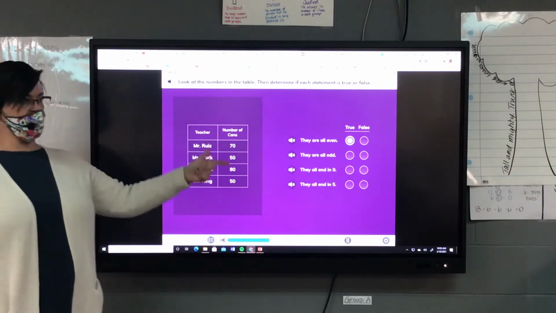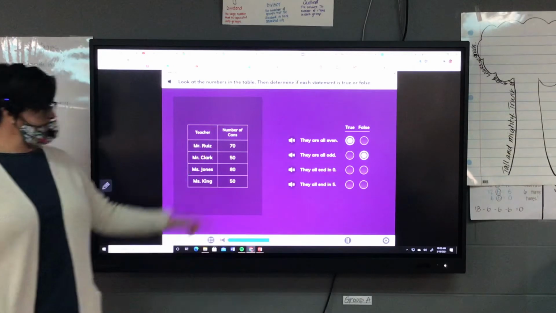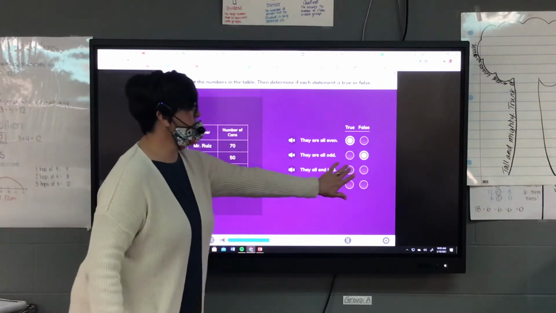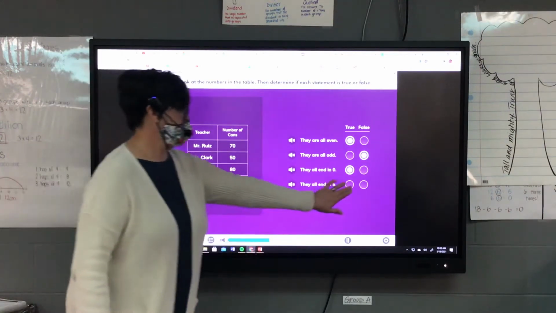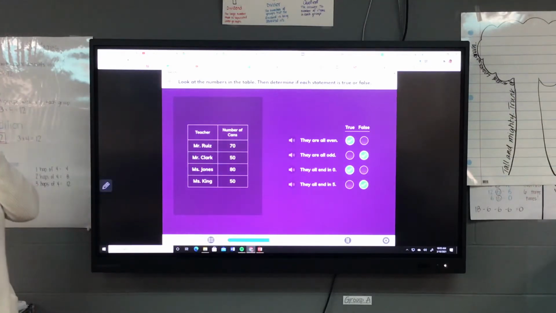No. True or false? False. They all end in 0. True. They all end in 5. False. All the numbers are even, and they also end in 0, just like when you multiply by 10.